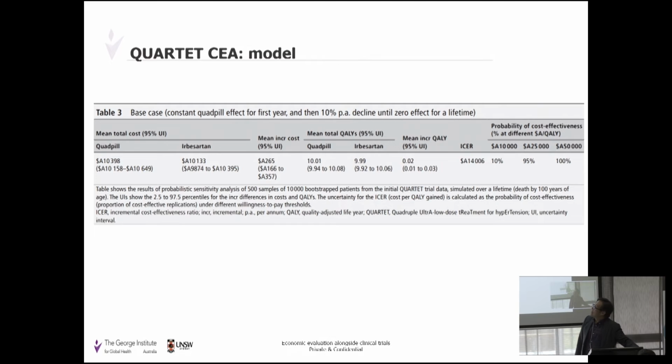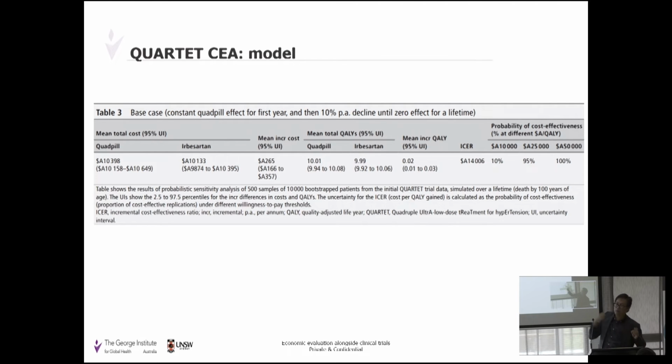So there's just a very small difference in terms of mean total costs, only about $200. And in terms of mean QALYs, it's very small, a 0.02 incremental QALY between the two, which is not surprising given the fairly marginal trial-based findings.